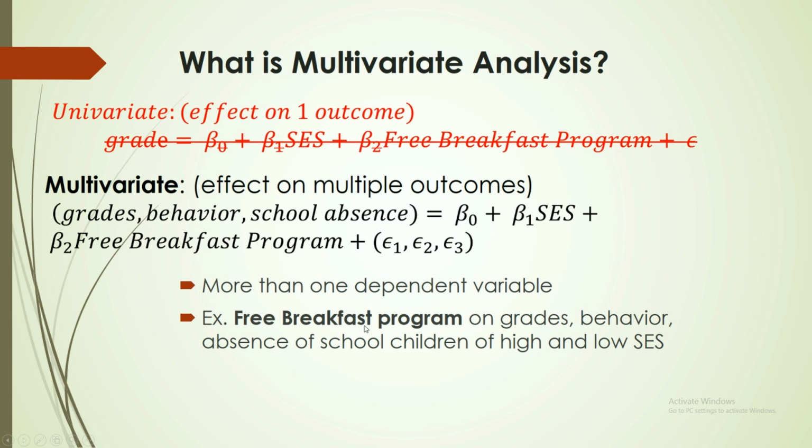And we're trying to compare the effect of this program on children with high and low socioeconomic status. So this is a situation where we would use a multivariate analysis rather than a univariate analysis such as this one.